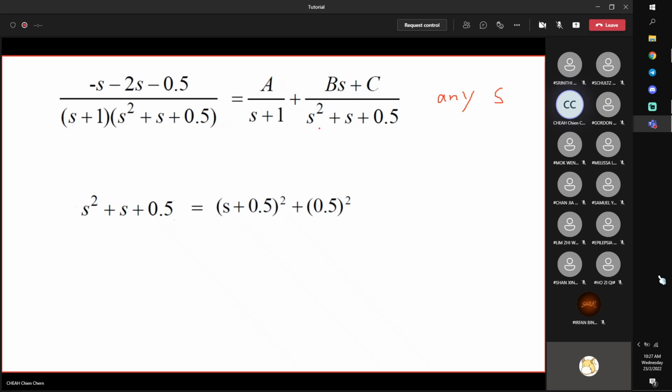Before that, just take note of this first: s squared plus s plus 0.5 can be put into this form. This is how it works. s squared plus s plus 0.5. I take half of this coefficient and then square it.